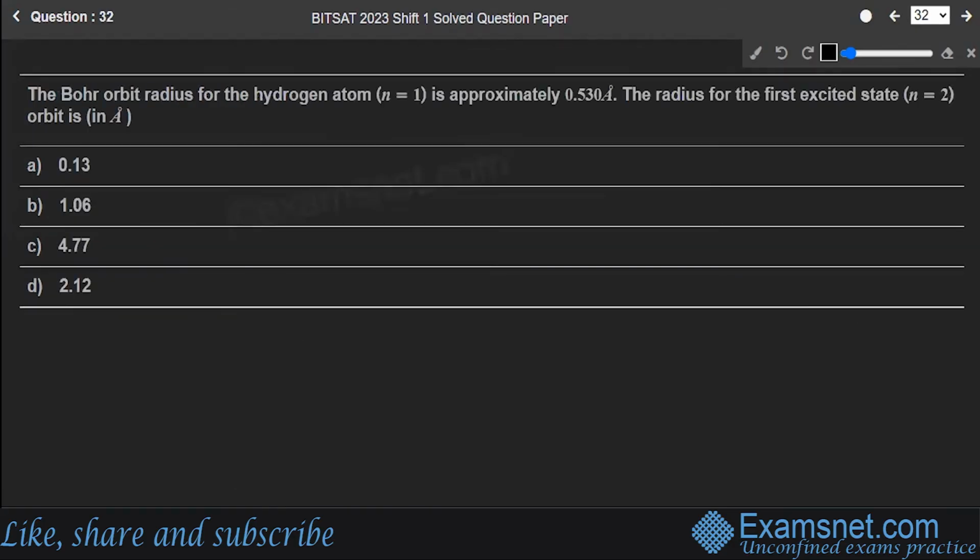Next is question number 32. The Bohr's orbit radius for the hydrogen atom where n is equal to 1 is approximately 0.530 angstrom. The radius of the first excited state n is equal to 2 orbit is. So let's write down first thing, radius of hydrogen atom 0.530 and number of excited state is 2.